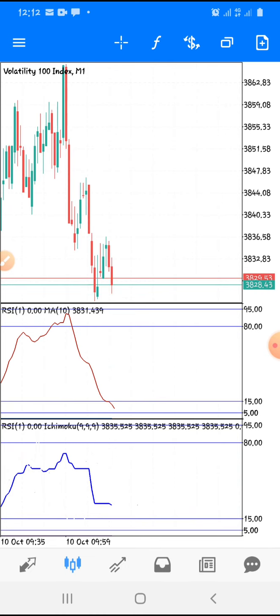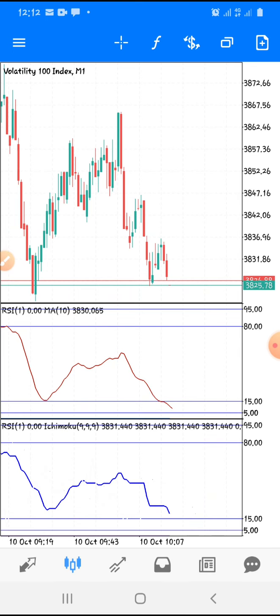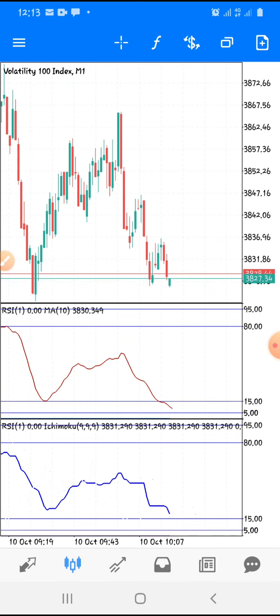Make use of it. Secondly, I would like to show you how to detect a buy, because currently I've been sharing how to see if the market is selling. Another thing, the Ichimoku and the moving average, both of them should detect a certain position.